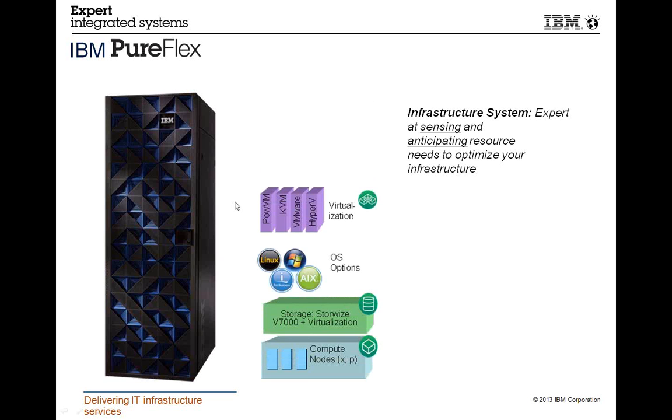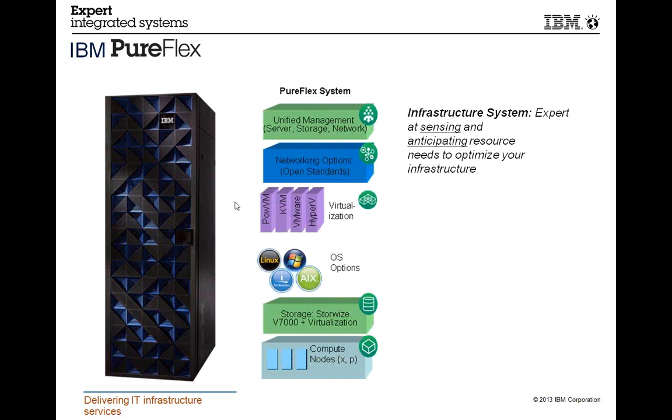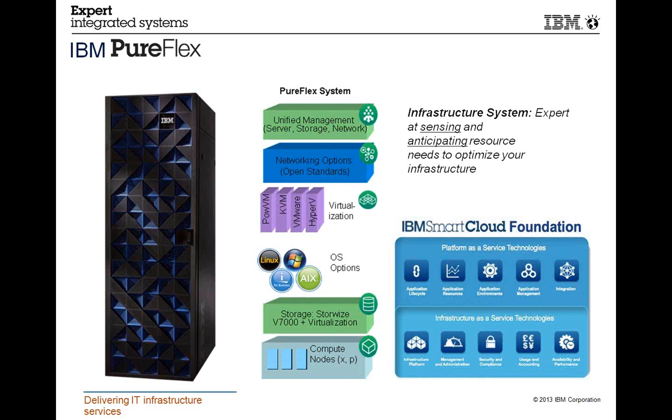So moving on, PureFlex is essentially a concept of taking compute, virtualizing that, storage, virtualizing that, taking the network, virtualizing that as well, and doing it across 4 different hypervisors: a Unix hypervisor by IBM called PowerVM, VMware from VMware, Hyper-V from Microsoft, and KVM, which is from Red Hat, but belongs to the overall open source community.